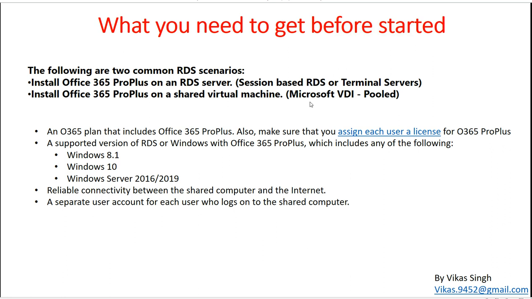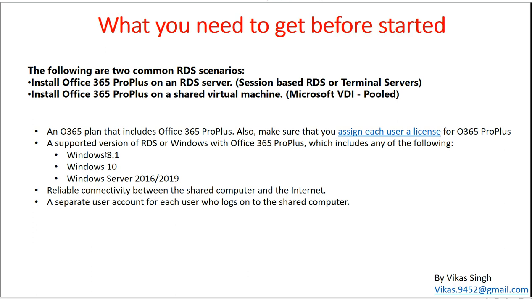The installation is pretty much the same. In this video I'm going to install on an RDS, which is basically a terminal server session host based server. So we are going to follow this first scenario in this video.